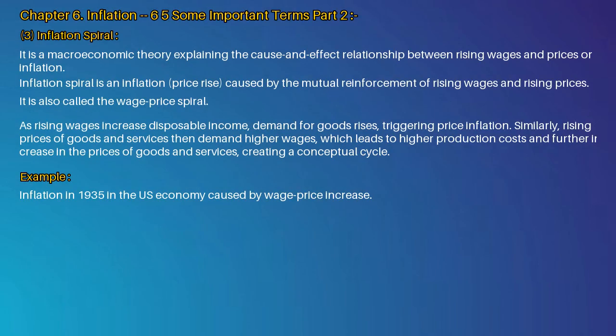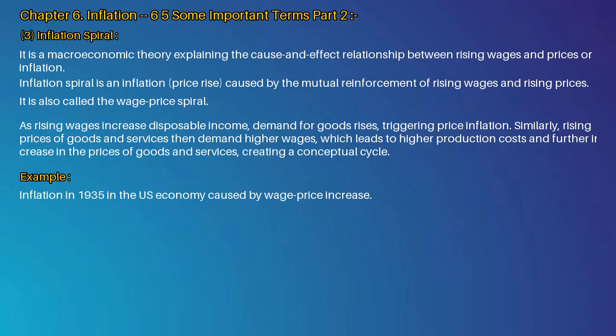Now let's discuss another term, inflation spiral. 3. Inflation spiral. It is a macroeconomic theory explaining the cause and effect relationship between rising wages and prices, or inflation. Inflation spiral is a price rise caused by the mutual reinforcement of rising wages and rising prices. It is also called the wage price spiral.